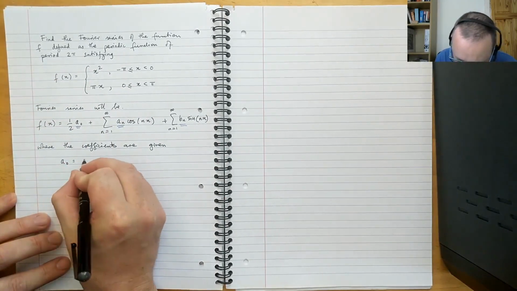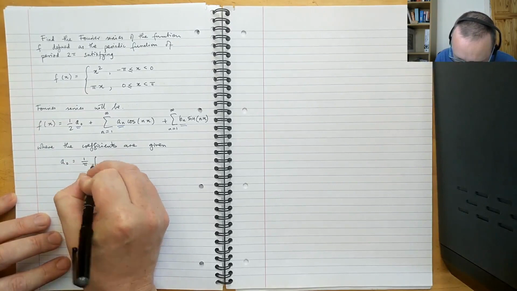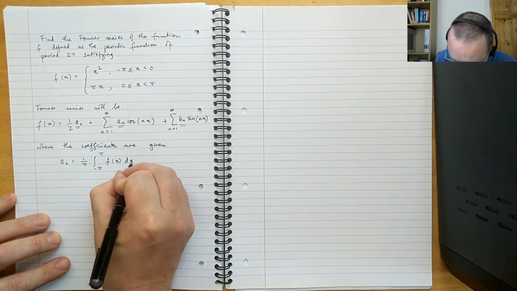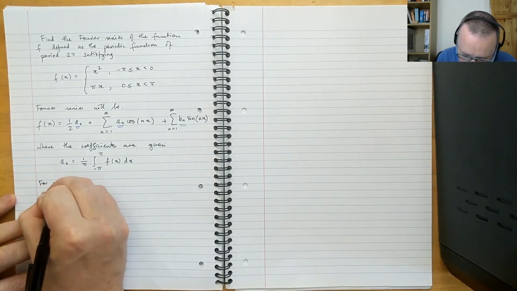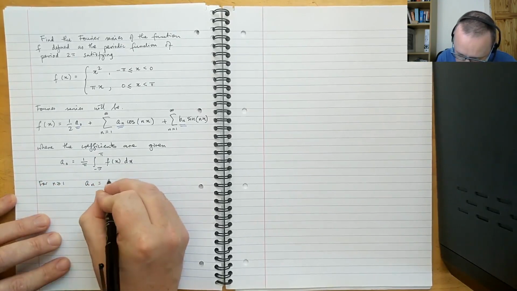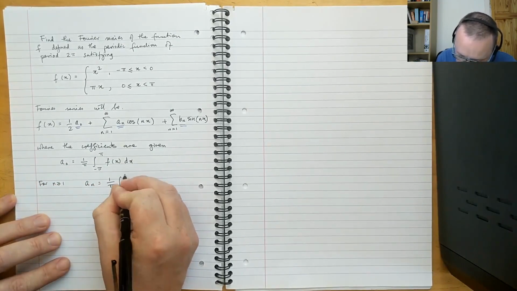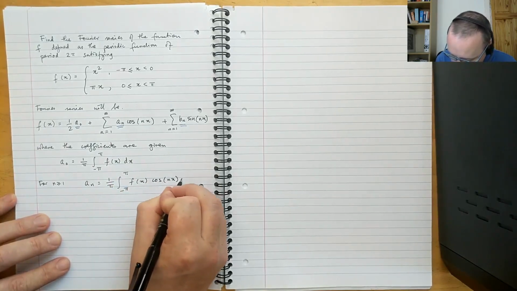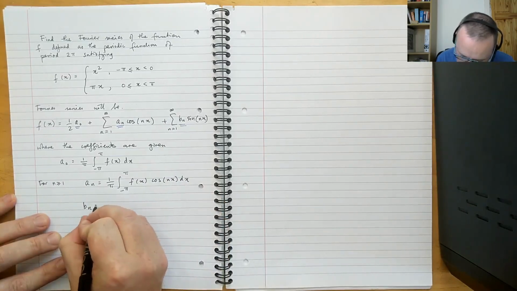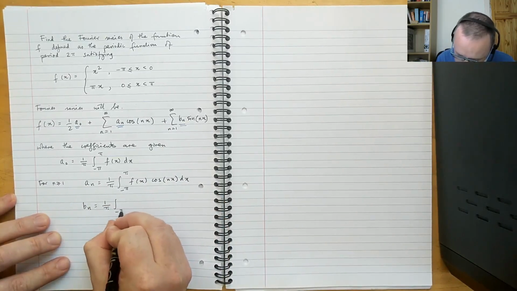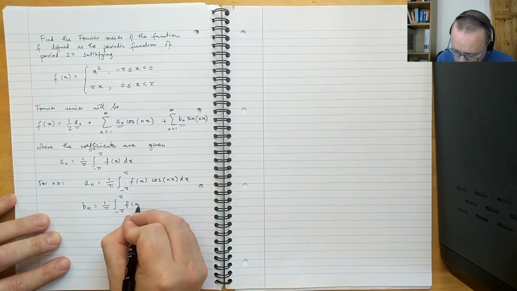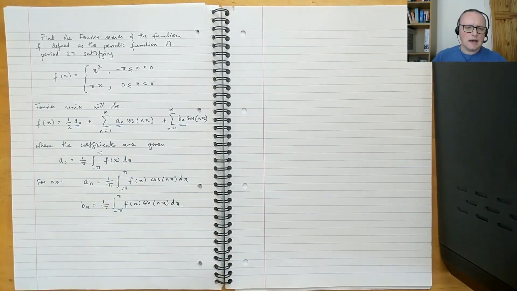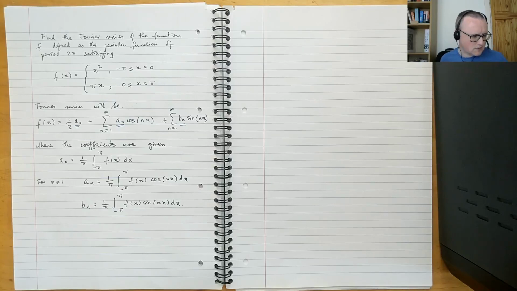So the constant coefficient a0 is 1 over pi times the integral of just the objective function itself. And for n bigger than or equal to 1, the coefficient an is like the inner product of the function with the cosine function. So it's 1 over pi times the integral of f of x times cosine nx dx. And similarly, the coefficient bn is 1 over pi times the integral from minus pi to pi of f of x times sine nx dx.